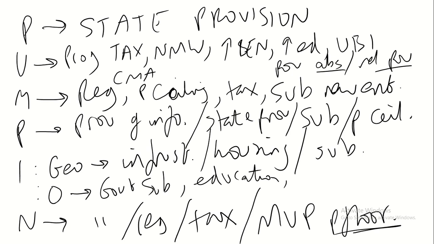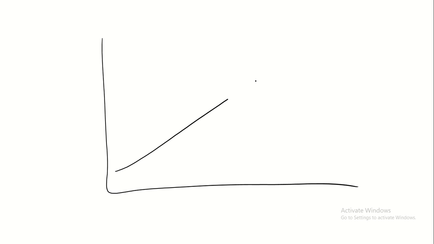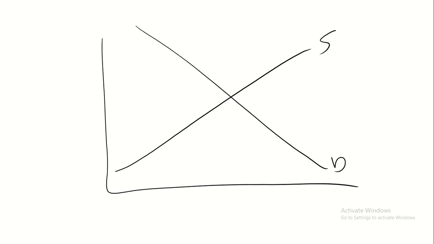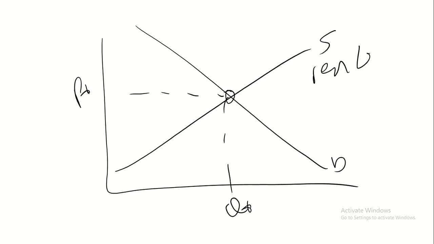Don't forget price controls, right? Supply, demand. If the price is too high and you want to reduce the price, for example, rent in London, remember if rent in London is currently say £1,000, you want to bring down that price, so you would introduce what's called a maximum price.